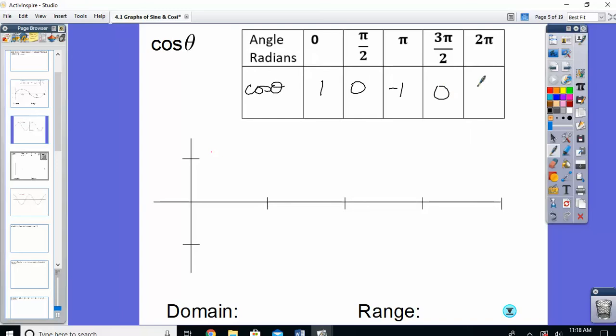And 2 pi? Back to 1. So your angles are your x-axis points. So then we plot 0, 1, pi over 2, 0, and continue our pattern.